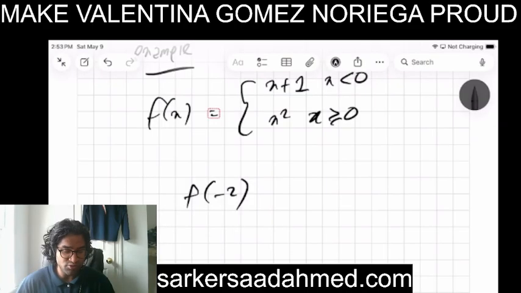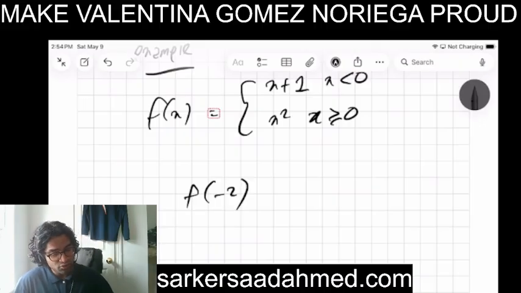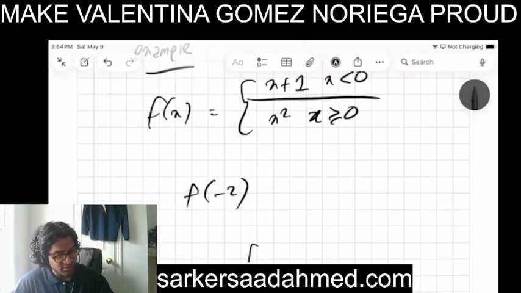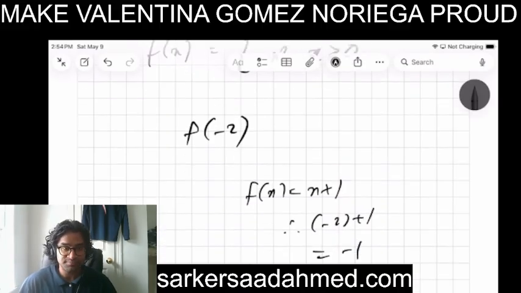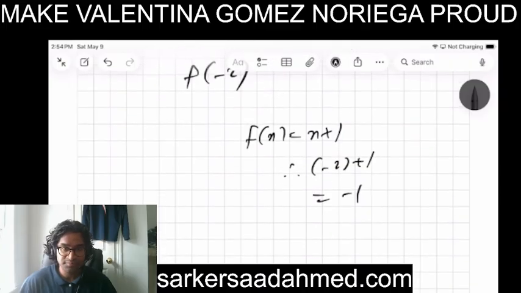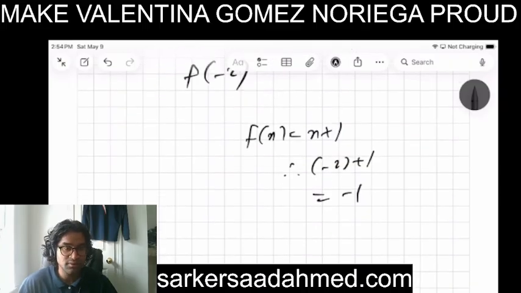We have two pieces: x plus 1 when x is less than 0, and x squared when x is greater than or equal to 0. We need to find f of minus 2, and because minus 2 is less than 0, we have to use that equation. So f of x will be x plus 1. So minus 2 plus 1 is minus 1, right? Cool.